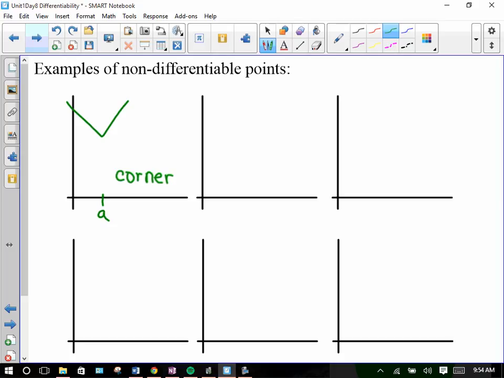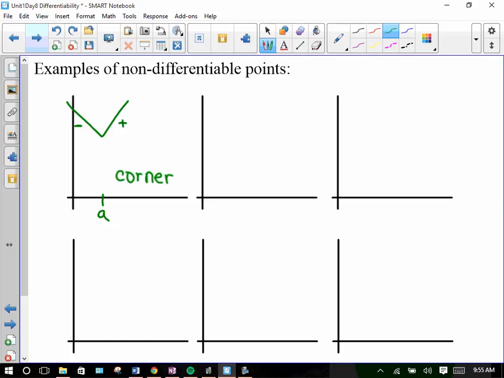Well, the slope here is negative and the slope on the right is positive. A negative number does not equal a positive number. Therefore, at x equals A, this function is not differentiable because the slope on the left and the slope on the right are not equal. You have a negative slope and a positive slope.